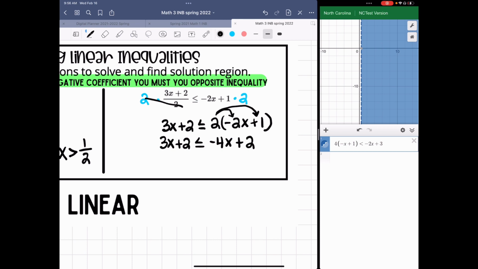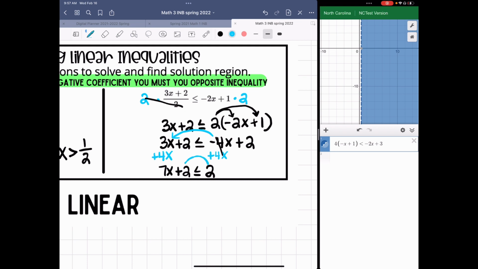Then I'm going to start moving over my like terms from opposite sides. This negative 4x needs to go over, so I'm going to add 4x. That becomes 7x plus 2 is less than or equal to positive 2.